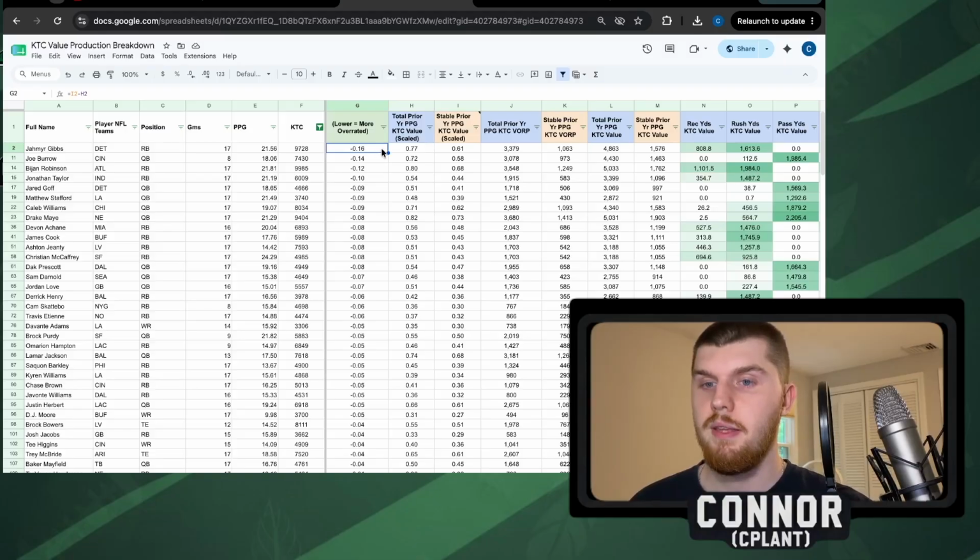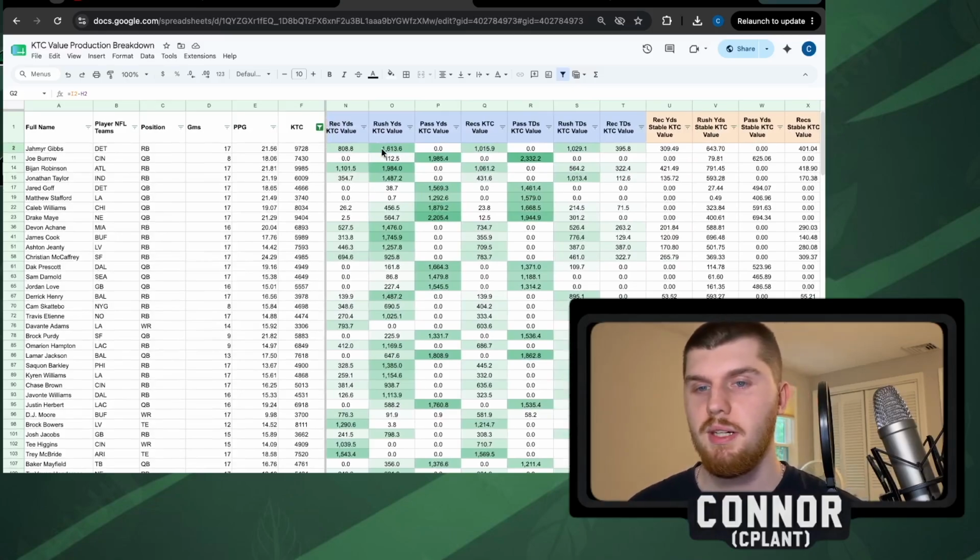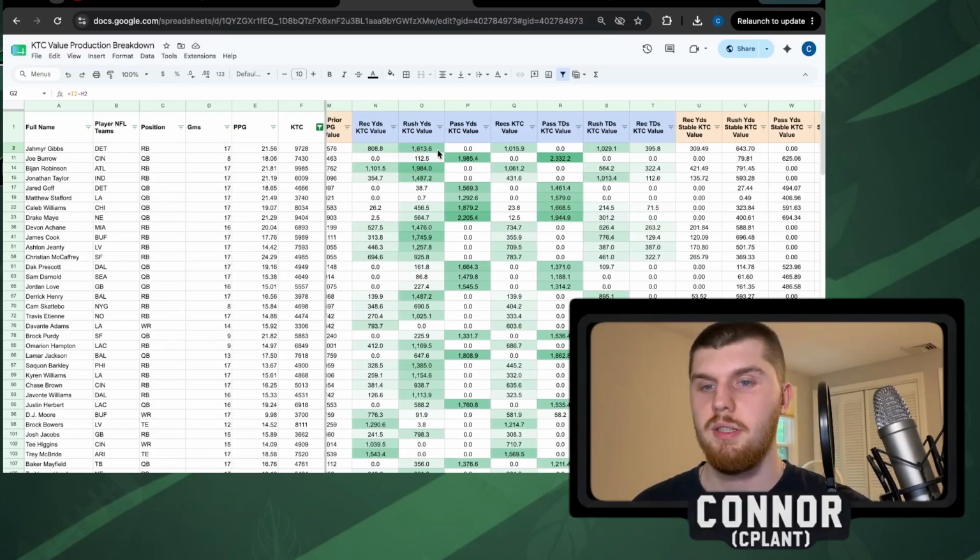So I think the thing that's happening here is, okay, Jahmyr Gibbs is awesome. Why is the stable value lower on him? Well, it's most likely because he got a lot of receiving usage, and the receiving hasn't really been that sticky for running backs, and he got a ton of touchdowns, right? So maybe it's not true for Jahmyr Gibbs, but generally those things are not as stable, right?